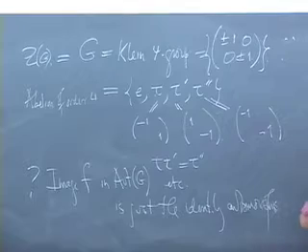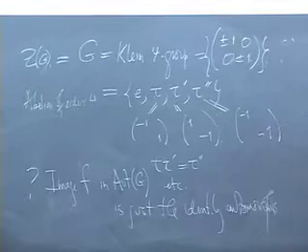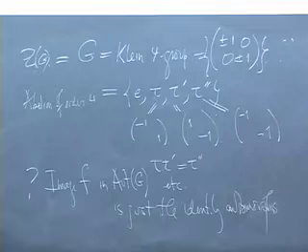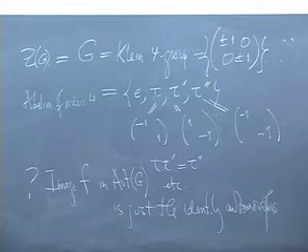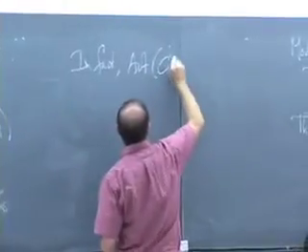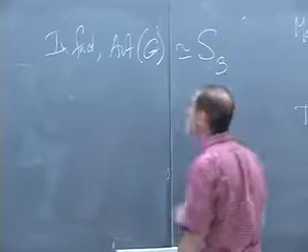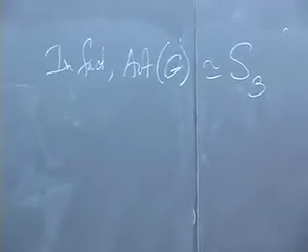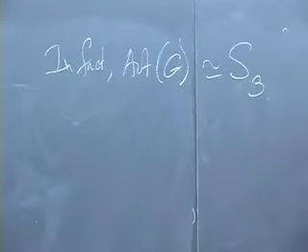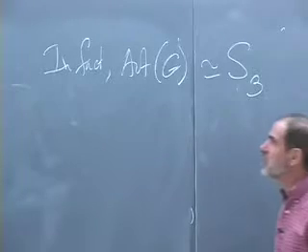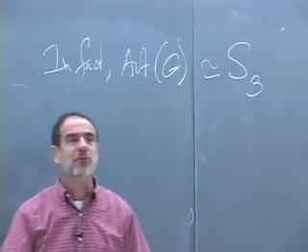In fact, and this is a nice exercise, the automorphism group of G is isomorphic to the symmetric group on 3 letters. Well, how could that possibly be? I mean, how could I associate to an automorphism a permutation of 3 objects?